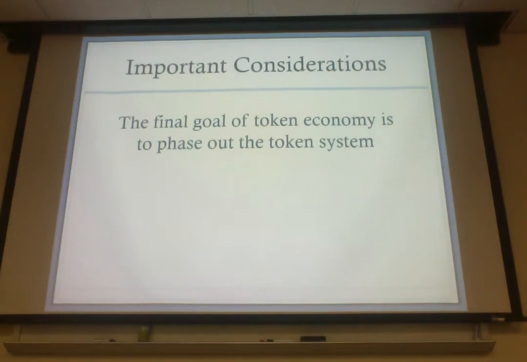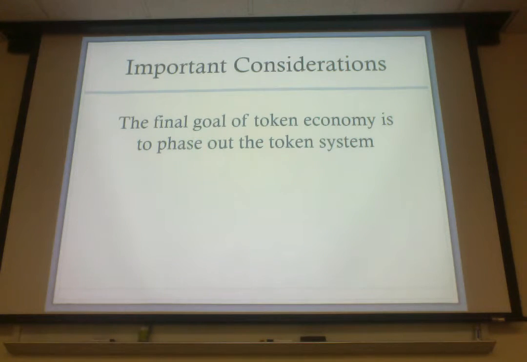And the final thing is that the goal of a token economy is, at the end, to phase it out so the child doesn't depend on it so much. Which is why paired labeled praise is so important, because we want to phase out the token system.